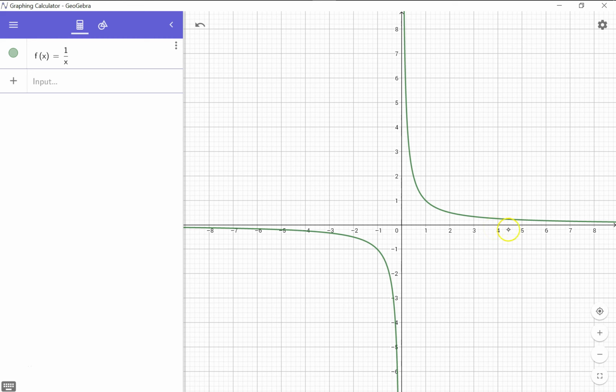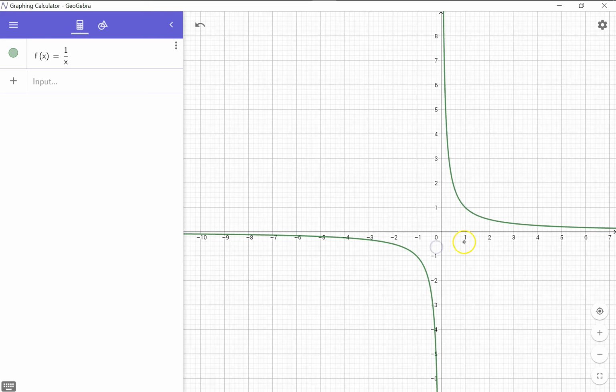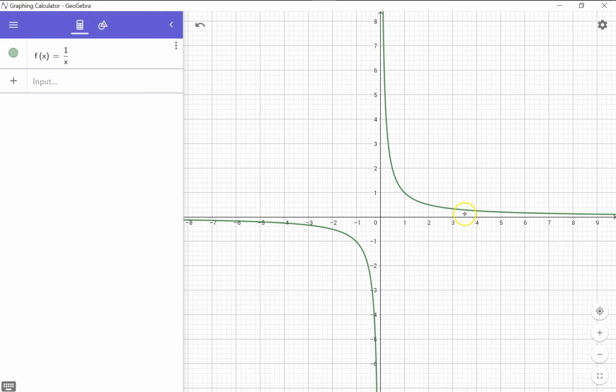Similarly, as x gets larger and larger and larger, f of x becomes closer and closer to 0. As x gets closer and closer to 0 from the right hand side, f of x becomes larger and larger and larger. From the left hand side, as x gets closer and closer to 0, f of x becomes smaller and smaller and smaller.